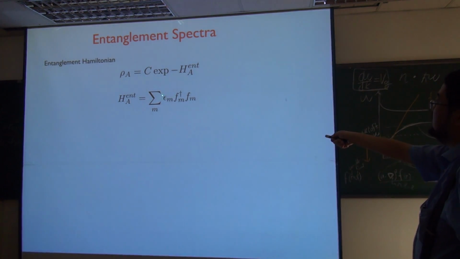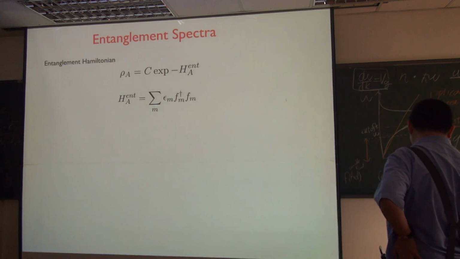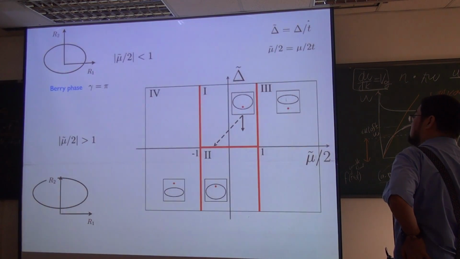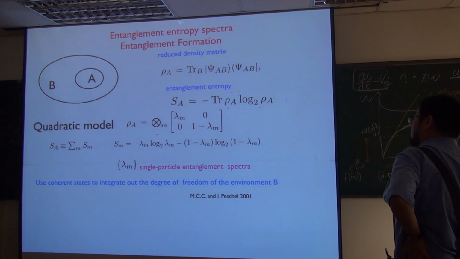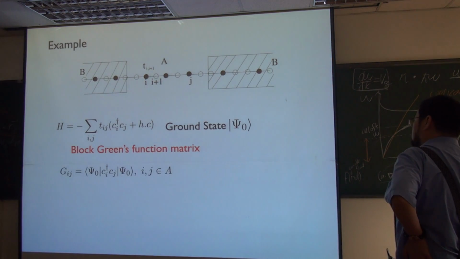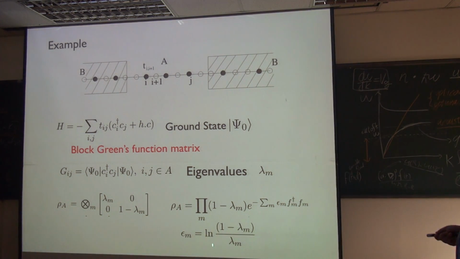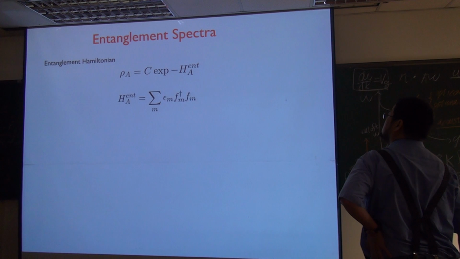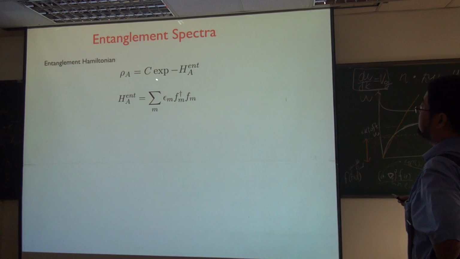So this is the one-particle entanglement spectrum, and as I told you, it is related in this form to the eigenvalue lambda m of this Bloch-Green function. If you want to find the full entanglement spectrum, you have to add different modes together.